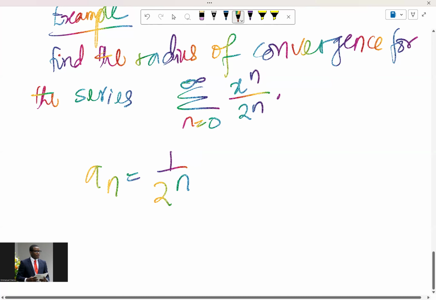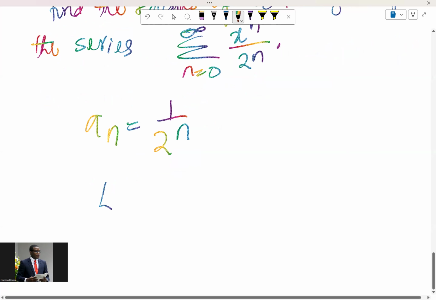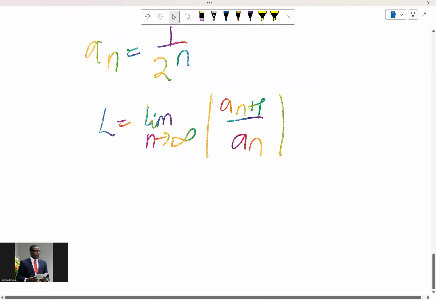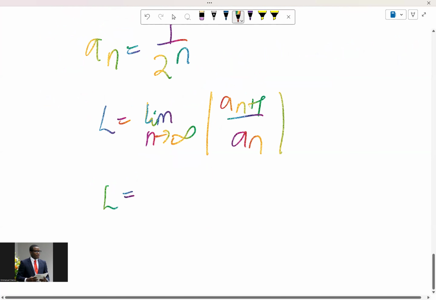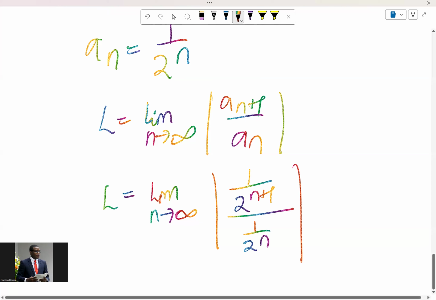So it's for ratios, so that L itself is the limit as n goes to infinity of a_(n+1) all over a_n. So L equals the limit as n approaches infinity of a_(n+1), which would now be 1 over 2 raised to power n plus 1, divided by 1 over 2 raised to power n. This is a_(n+1) up, and this is a_n down.